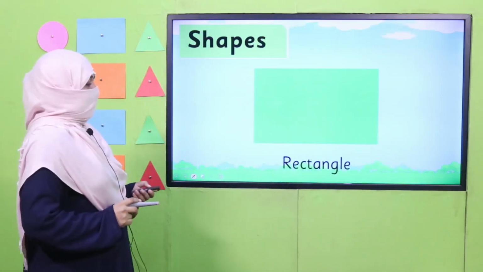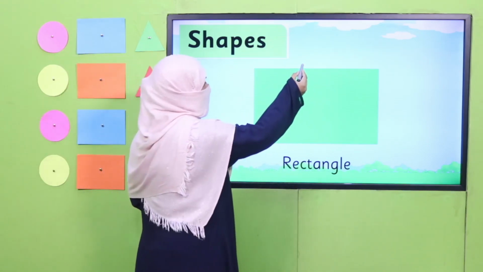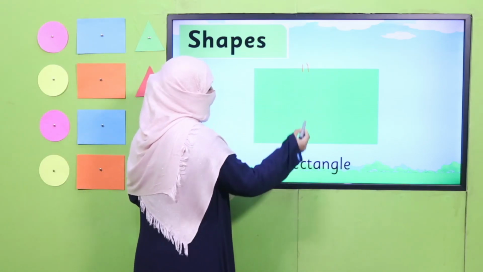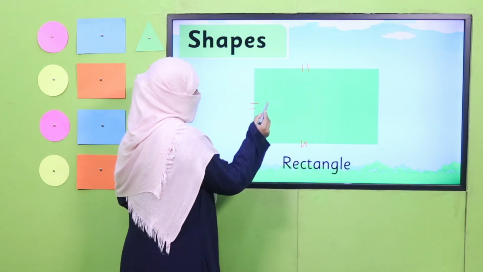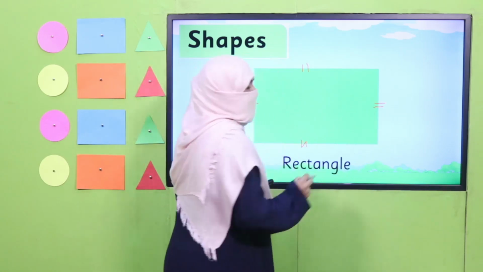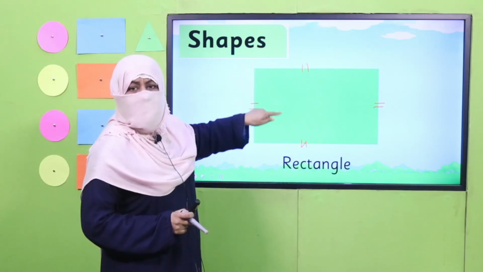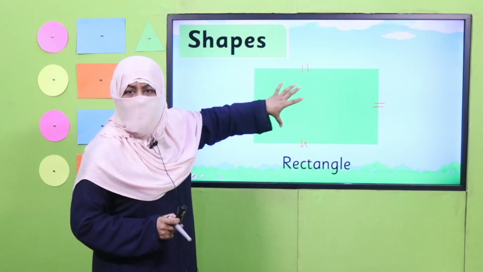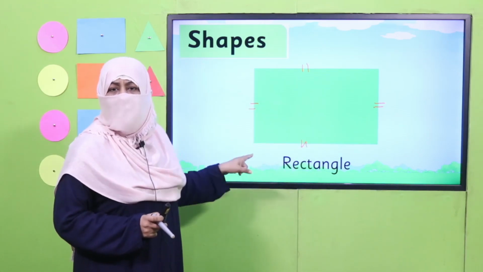So, rectangle, how do we define it? Rectangle is a shape which has two equal and parallel lines, and these two opposite sides are equal. So how do we define rectangle? Two opposite sides are equal in length and parallel.